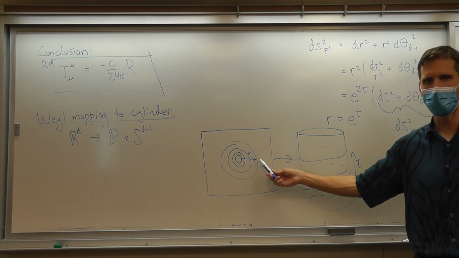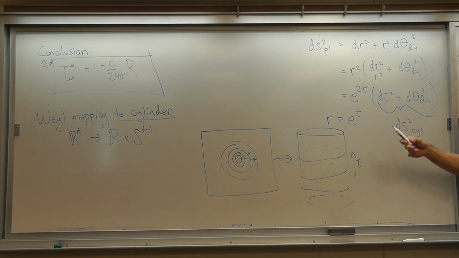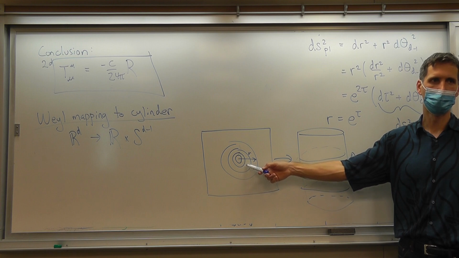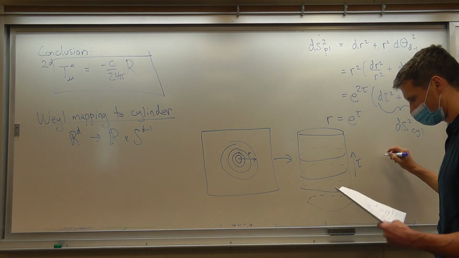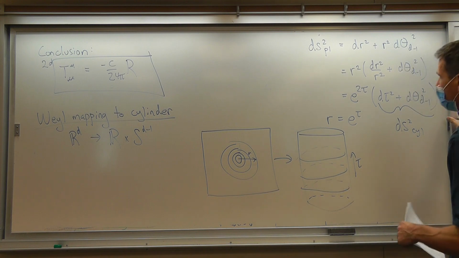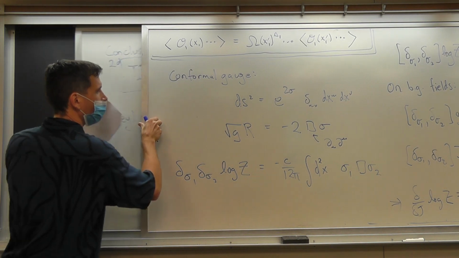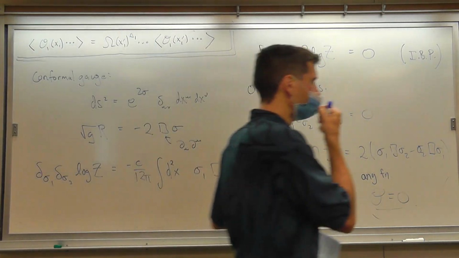In particular, the radial direction on the plane becomes the Euclidean time. We're going to think of this as the Euclidean time direction. So the Euclidean time direction on the cylinder is the radial direction on the plane. In particular, the dilatation on the plane becomes just a time translation on the cylinder.